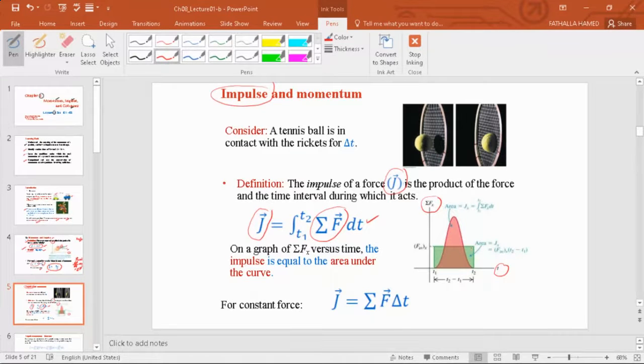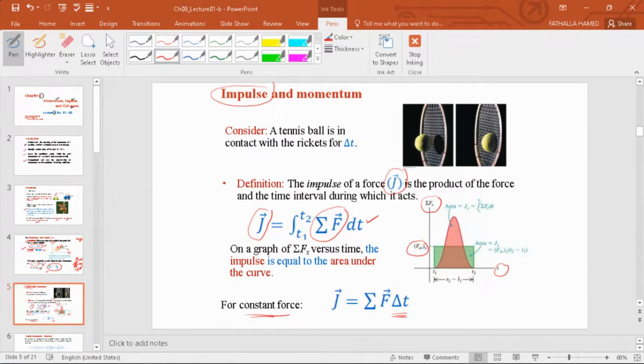Now, if you have a constant force, then it will be constant over the whole time interval, and the area will be easy. You just take the area of the rectangle here, which will be the summation of the force multiplied by delta t if your force here is constant, or if you take an average force. Sometimes it's not easy to measure the force as a function of time, but later on, when we look at change in momentum, you may actually get the average force.